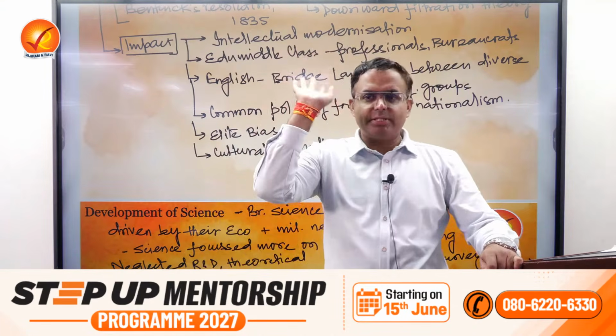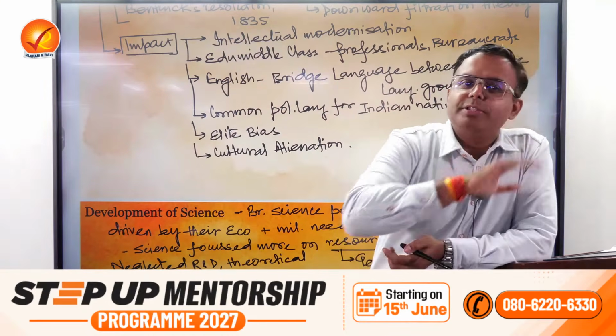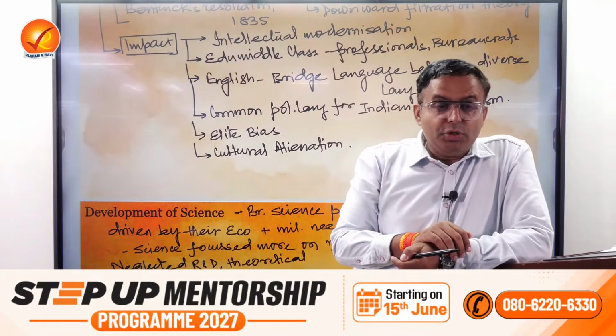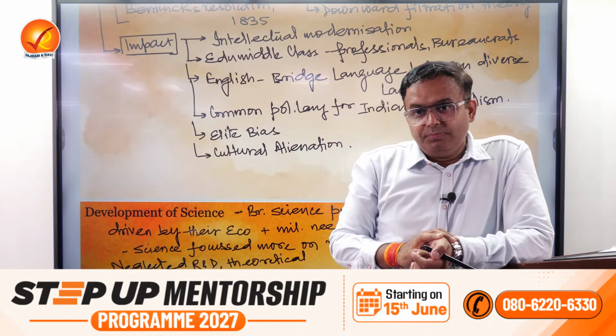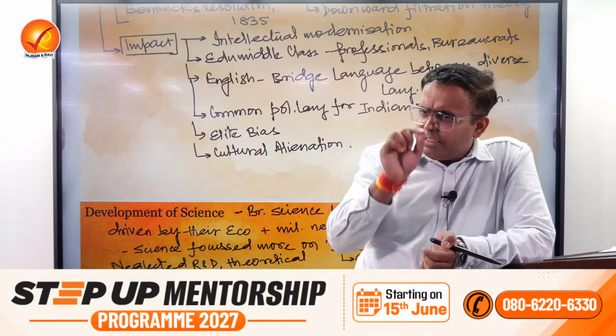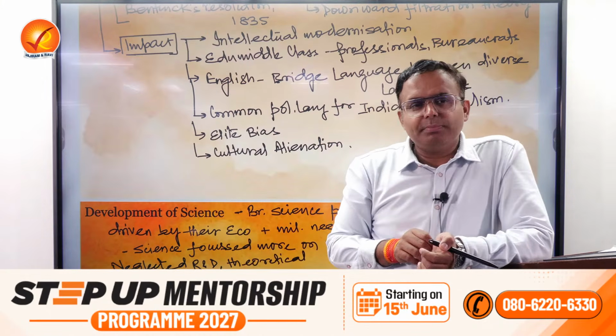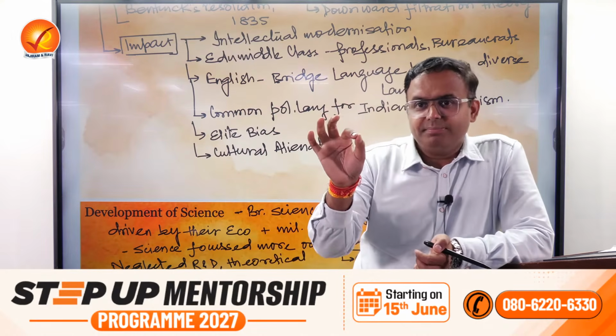But the problem is that in spite of all the good things, this elite bias always remained. Because of inadequate support, mass literacy was a problem. Illiteracy, sorry. At the time of independence, can you guess what percentage of the population was illiterate? 83%.